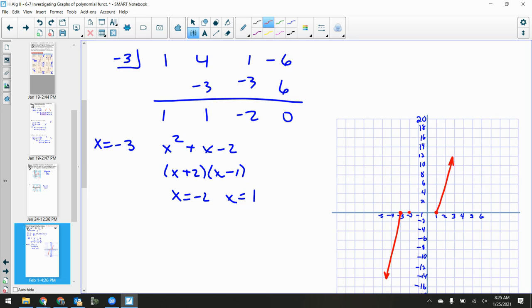I just have to figure out what's happening in between there. So all I do is I make myself a little table of values. I say, okay, if I want to figure out what's going on in between, let's pick a number between -2 and -3, say -2.5. And let's pick an easy number between -2 and positive 1. Let's pick 0. That's an easy number to compute.